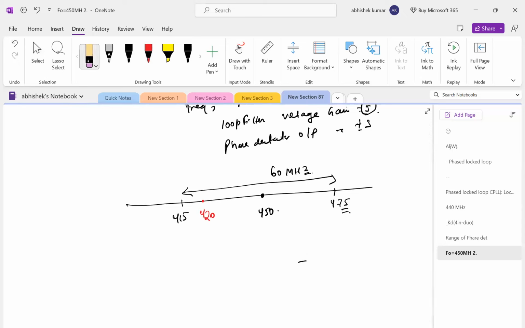So the lock range can be either the minimum or maximum voltage of the phase detector times Ka times K naught. Are you understanding this part? Yeah.